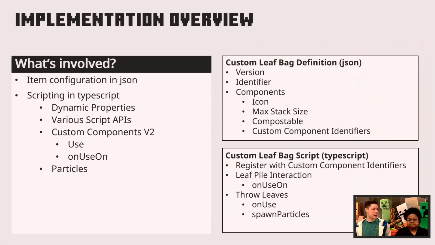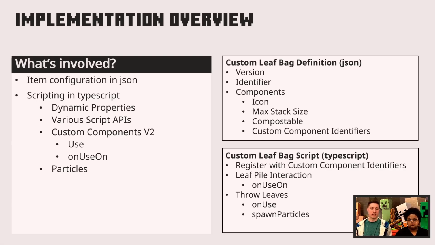Before we go into the specifics of the implementation, let's go over a little bit about how this will all be configured. The two things to keep in mind are, one, the definition in the JSON format, and then the script in the TypeScript format. If you're here for the block description, it's a similar format where we have the JSON defining the item, which has things like the version, the identifier, and then a list of components.